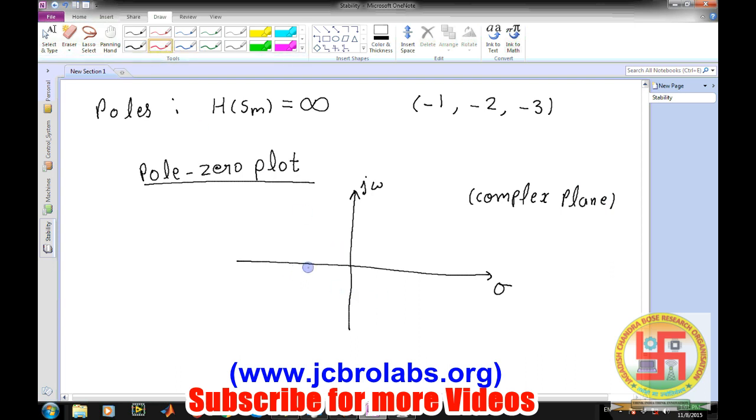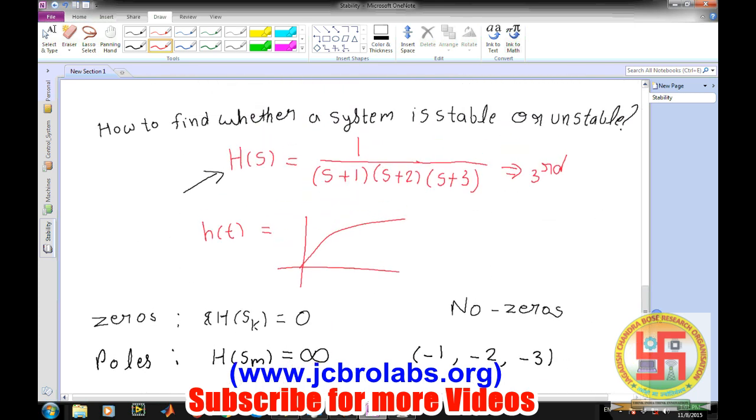We mark poles with a cross sign here and here. So this is -1, this is -2 and this is -3. Let's say we change the transfer function a little bit, to s plus 5. Then we have a zero at -5.